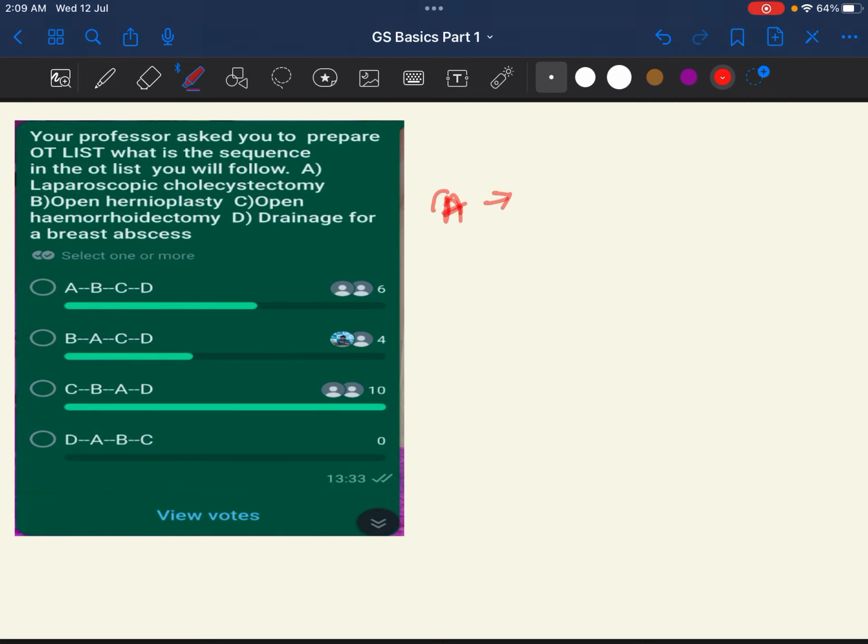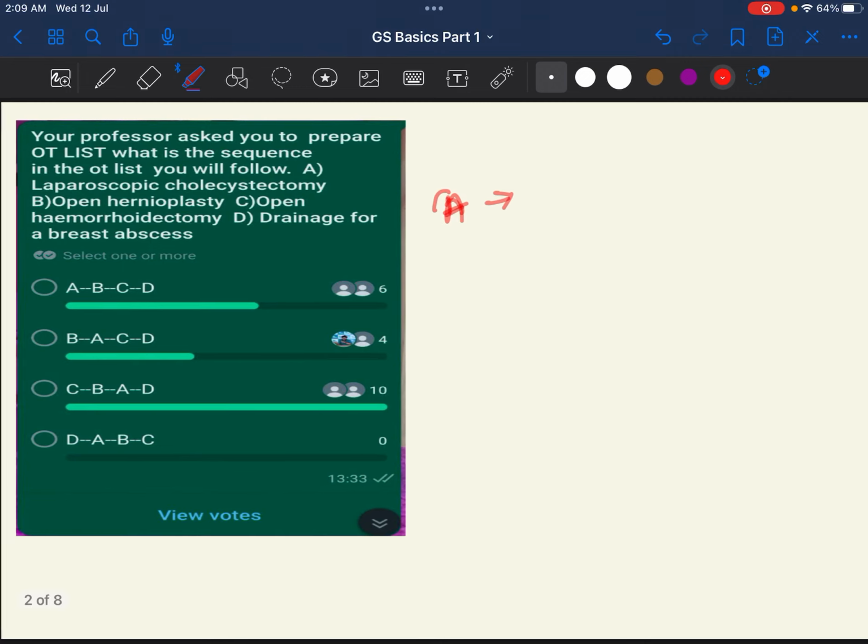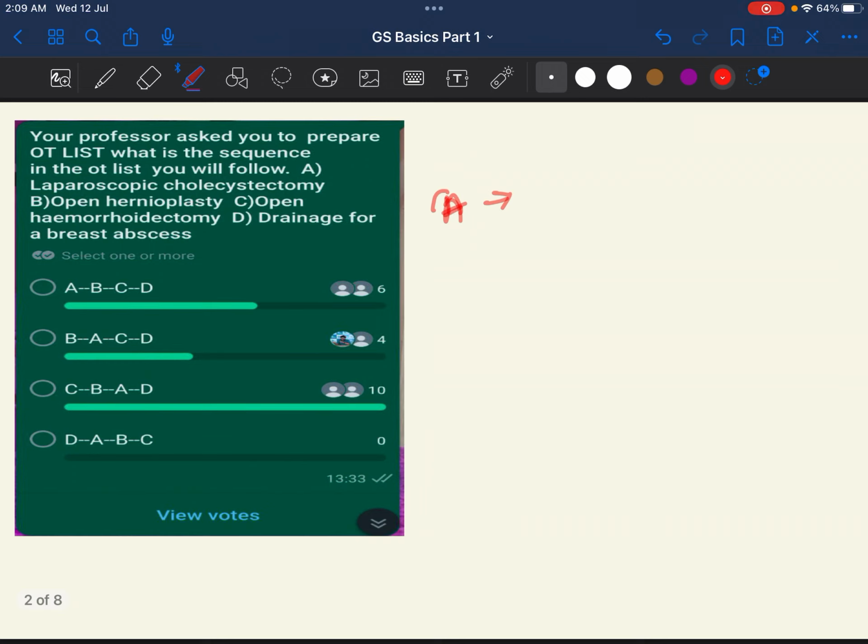In laparoscopic cholecystectomy, we are entering into the hepatobiliary tract, so this comes under a clean contaminated wound. Information about inflammation or infection is not given here, so we should classify this as a clean contaminated wound.